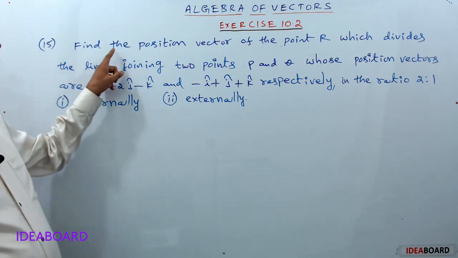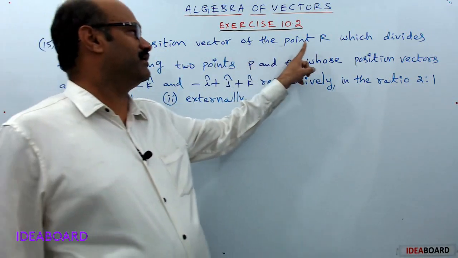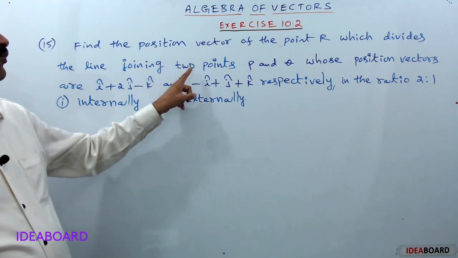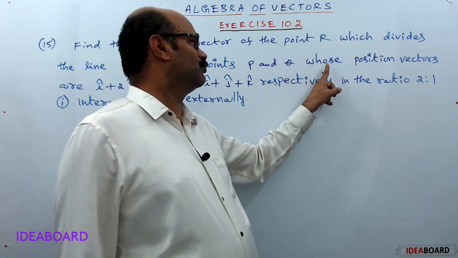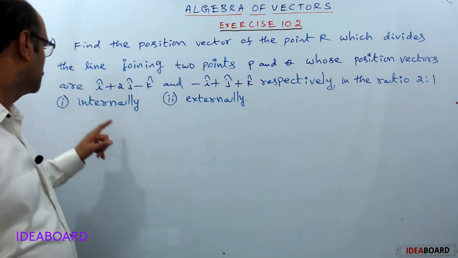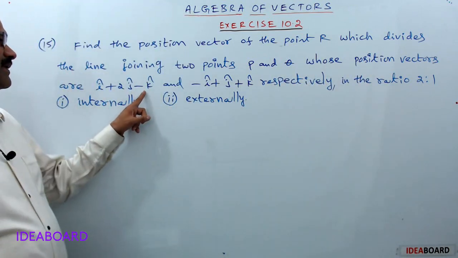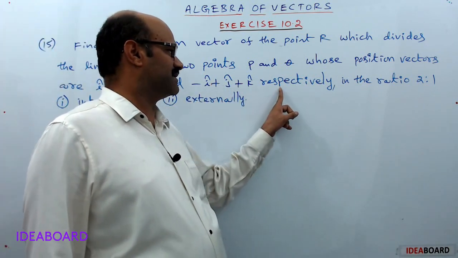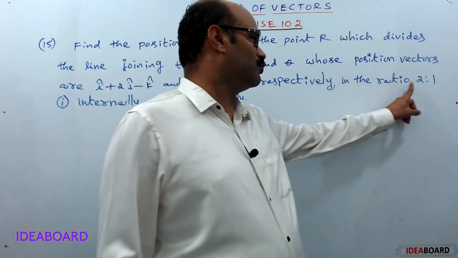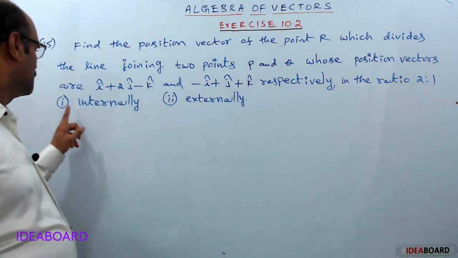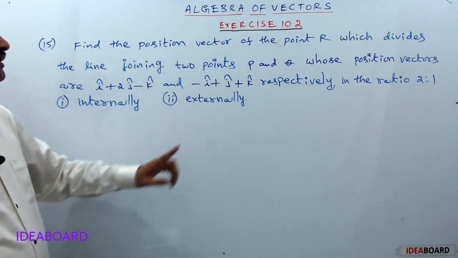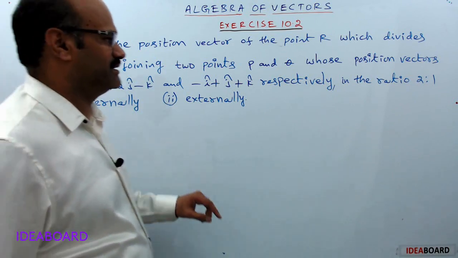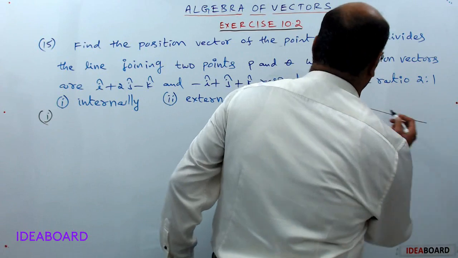Fifteenth problem. Find the position vector of the point R which divides the line joining two points P and Q, whose position vectors are i cap plus 2j cap minus k cap and minus i cap plus j cap plus k cap respectively, in the ratio 2:1, internally and externally. Suppose the point R divides internally.